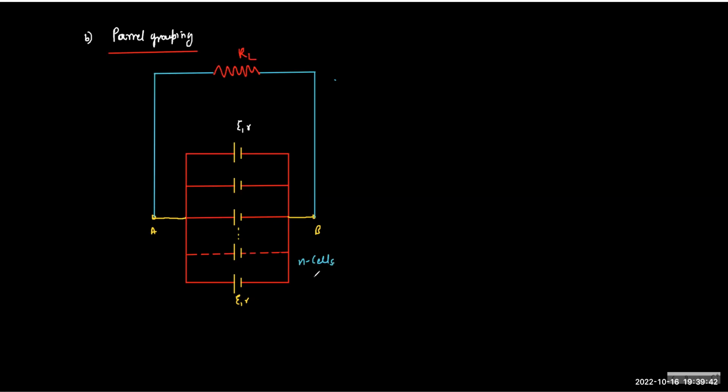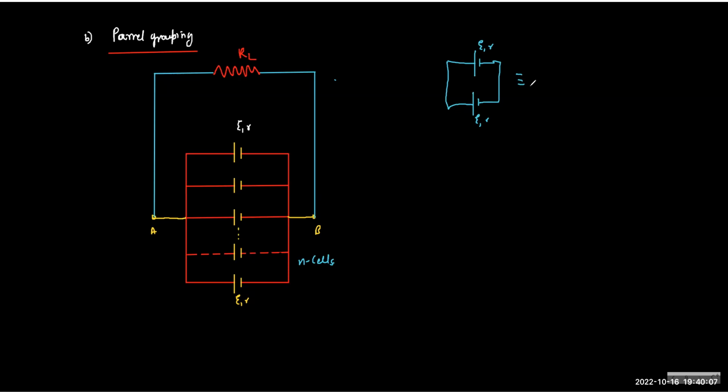So tell me guys, if all cells are equal, you can start mentally with two cells. Think of two cells. If both cells are equal, what is the equivalent, guys? Okay, first of all, will there be any current in this loop? Yes or no?